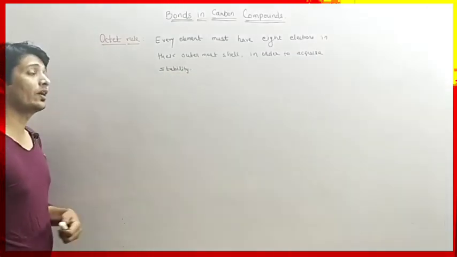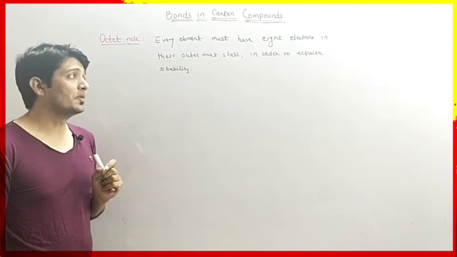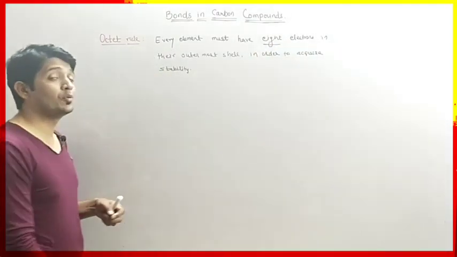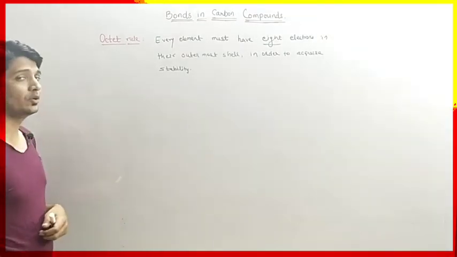In order to acquire stability, every element or atom must have 8 electrons in their outermost shell. Okay, it is the statement of the octet rule.